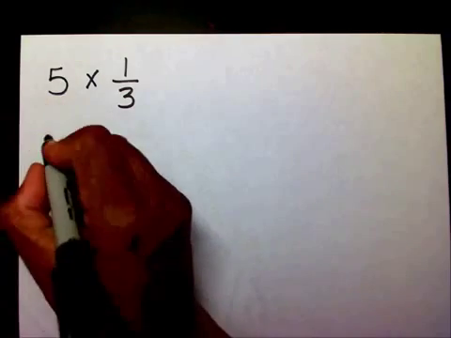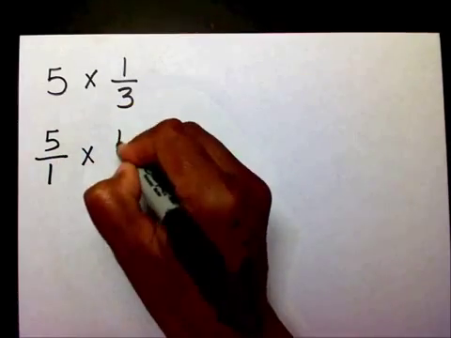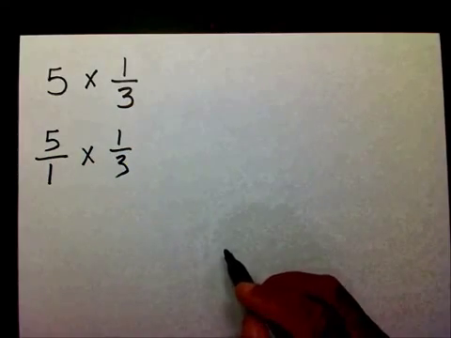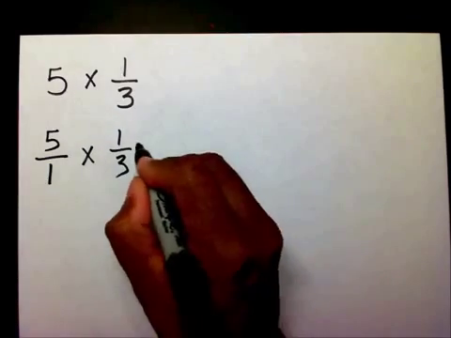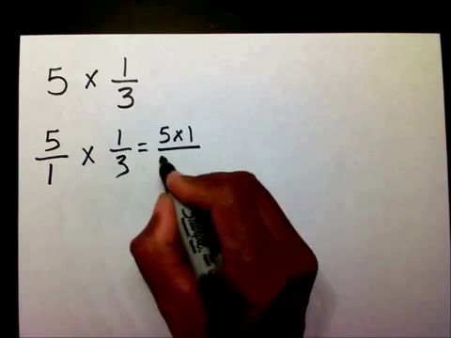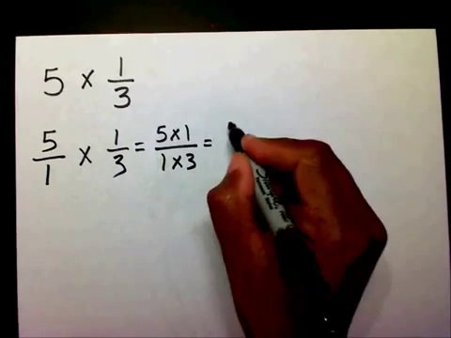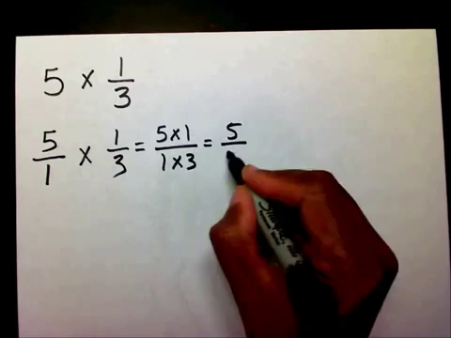So I'm going to write 5/1 times 1/3. Alright, now I'm going to multiply across, 5 times 1 and 1 times 3. 5 times 1 is 5. 1 times 3 is 3.